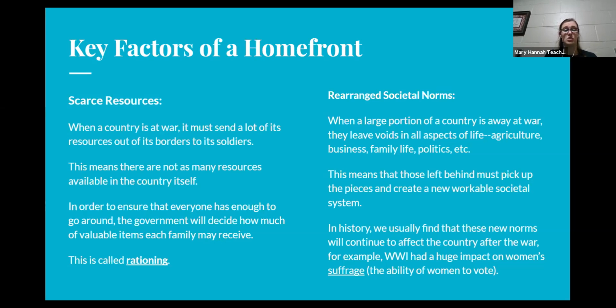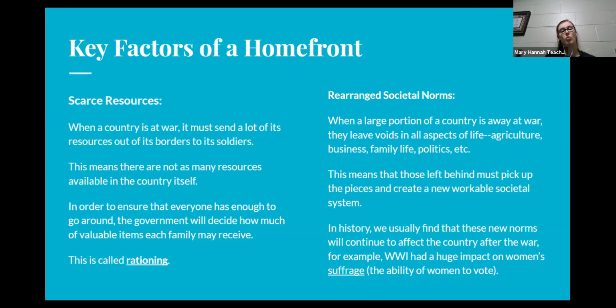itself. And so in order to ensure that everybody has enough to go around, a government that is at war will decide how much of certain valuable items each family can receive. They might limit the amount of loaves of bread, for example, that you can buy from as many as you want to, just 3 a week.